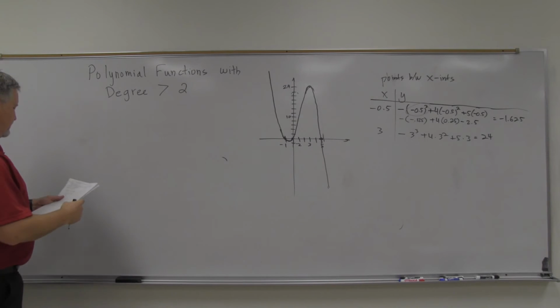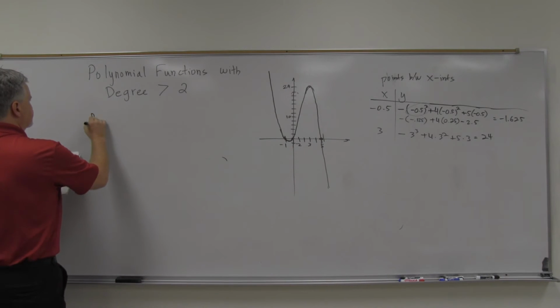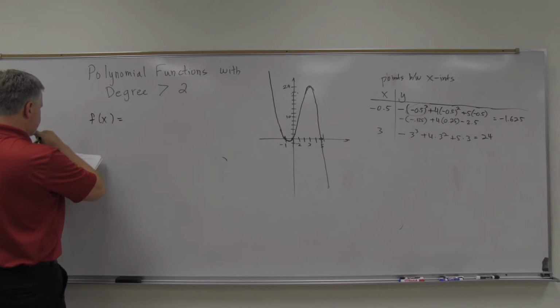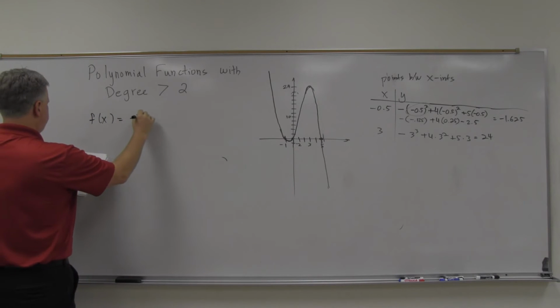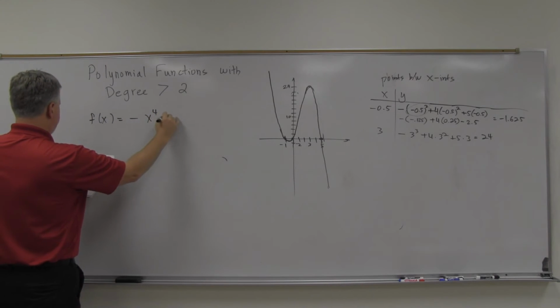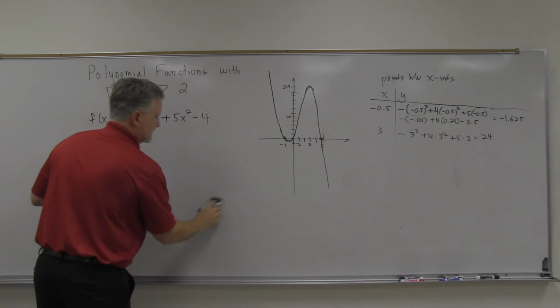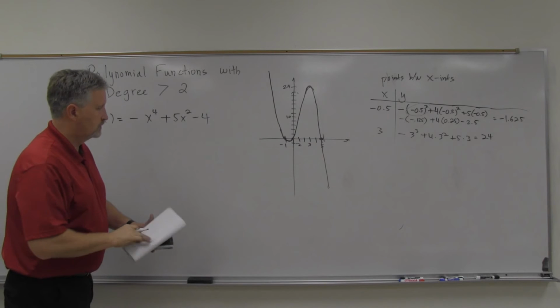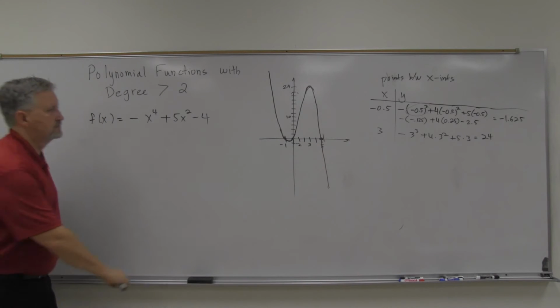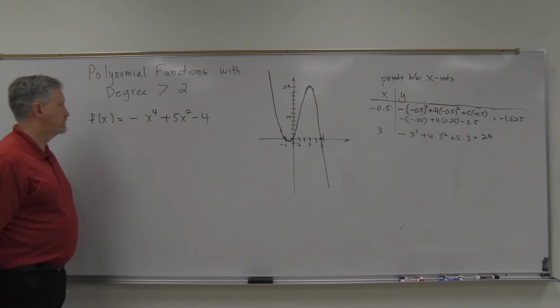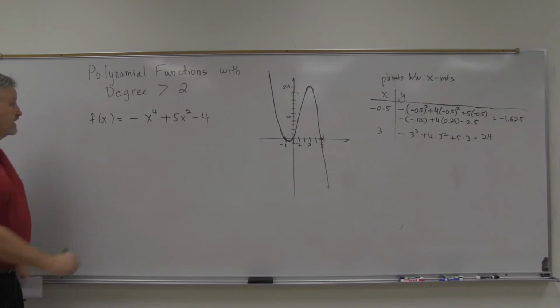How about f of x equals negative x to the 4th plus 5x squared minus 4? This one's going to open down.